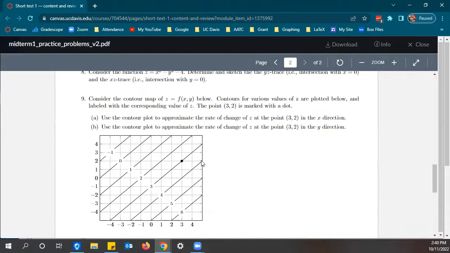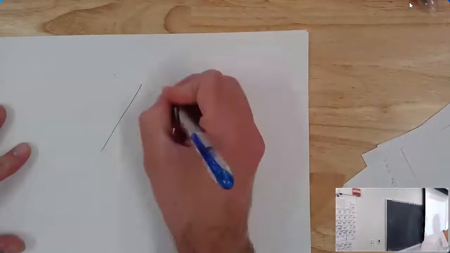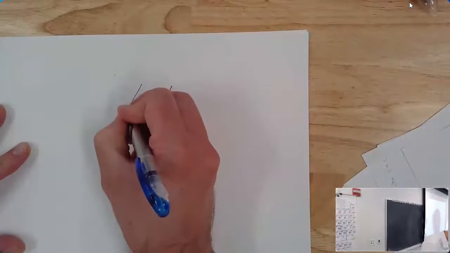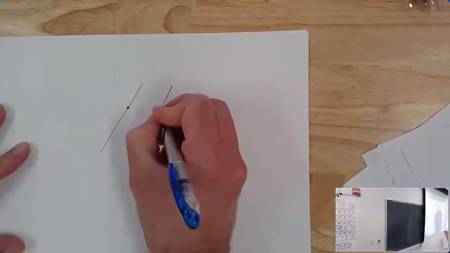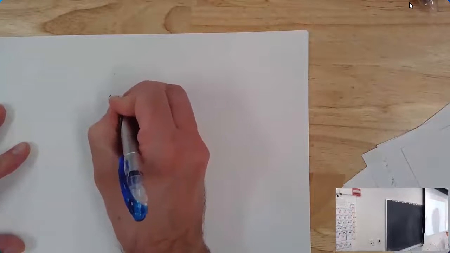Right. So here's what we can say. We were going from here over to here. That's our point 3, comma 2.